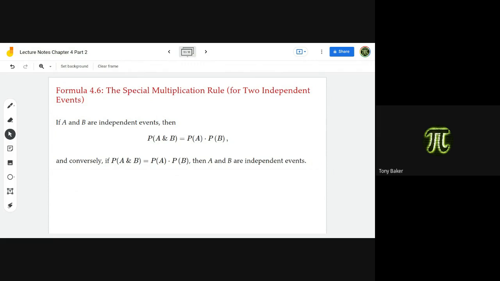The difference here is when we're looking at addition, it was A or B happening, and that's where they need to be mutually exclusive. Now we're looking at A and B, both events happening. That's when we're multiplying.